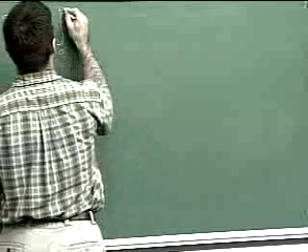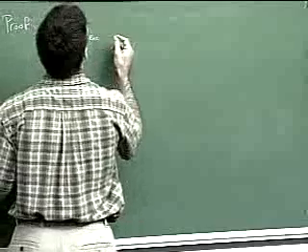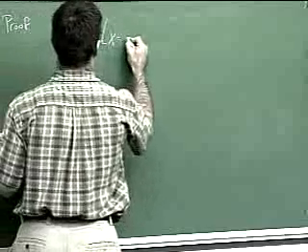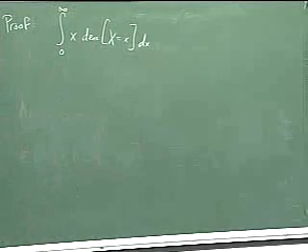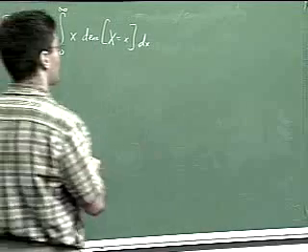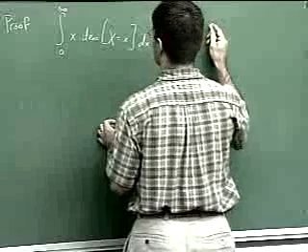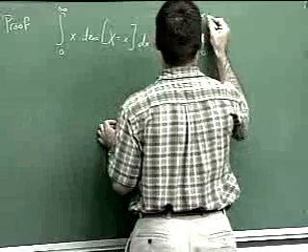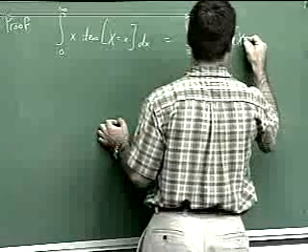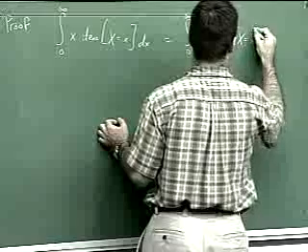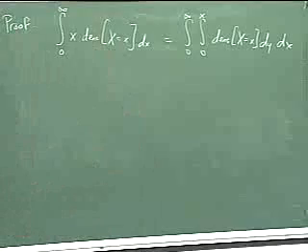Well, we're saying the integral from 0 to infinity of x times the density that X equals x, dx, is going to equal the integral from 0 to infinity of the integral from 0 to x of the density that X equals x, dy dx.